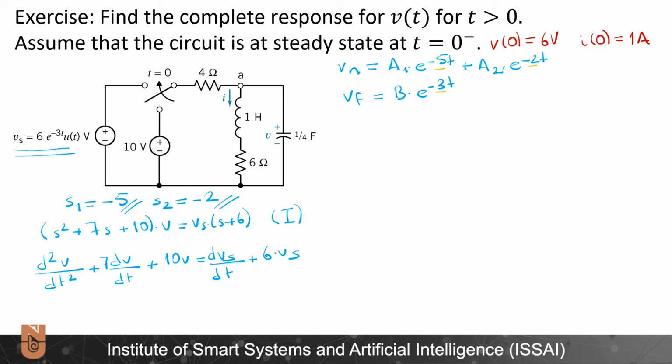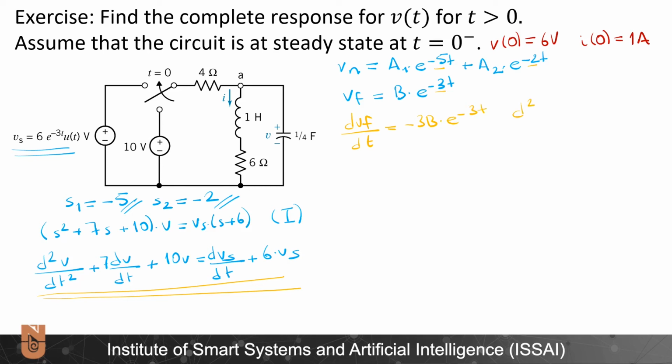So I will now try to solve my circuit for the forced response. Now the forced response should satisfy this equation. In order to figure that out, let us take the derivatives of that. dVf/dt is equal to minus 3b times e to the minus 3t.